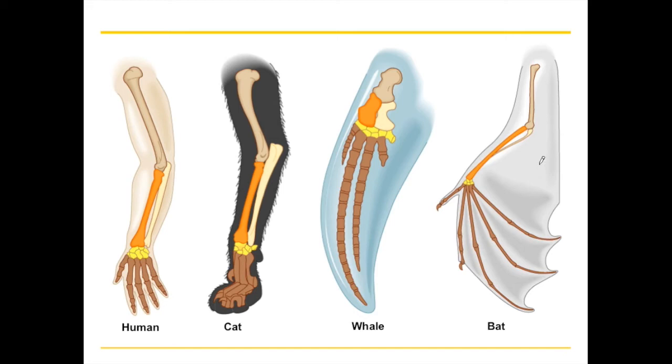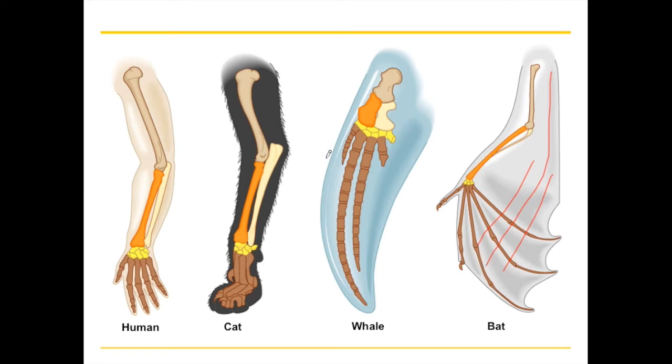Now think about this for a bat. A bat is trying to fly, so all these elements need to be very light. They also need to help it spread this leathery wing. And so you need to have these finger bones, that's what they would be in the human, in a position so that they allow you to spread this out.